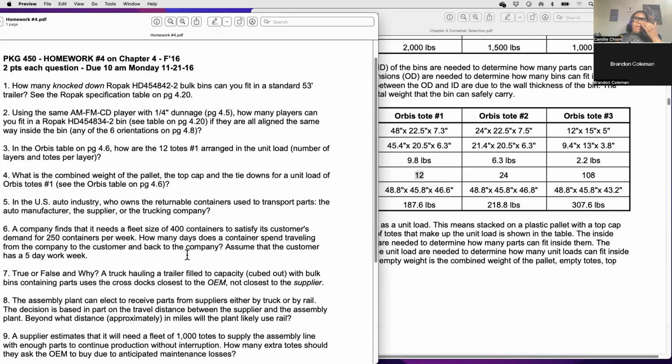Okay, number 5, in the US auto industry, this is an interesting one because I had this conversation with one of my clients today. Who owns the returnable containers used to transport parts? The auto manufacturer, the supplier, or the trucking company? This is something we haven't really talked about. Well, I probably mentioned it, but it's further into your reading. I can give you an example of a client of mine who did not understand the standards.